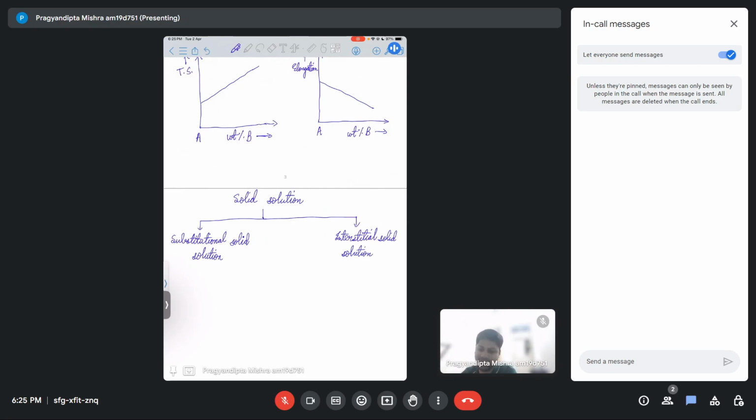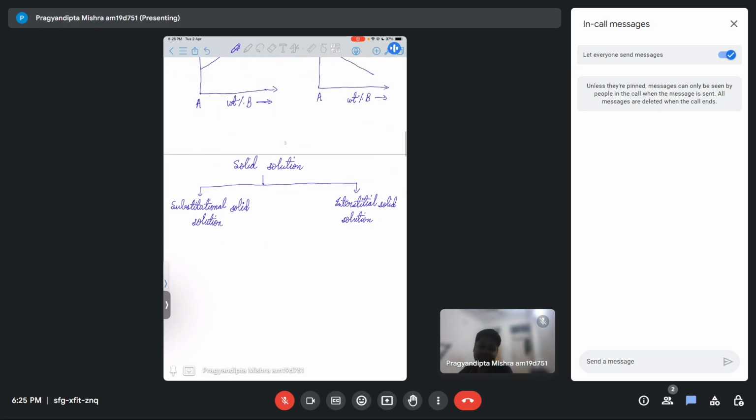From the name itself, you can guess to an extent, right? In substitutional solid solution, what will happen? In substitutional solid solution, the solute atom replaces the solvent atoms, okay? Because it substitutes, that's the word. Substitutes. Solute atoms replace solvent atoms.